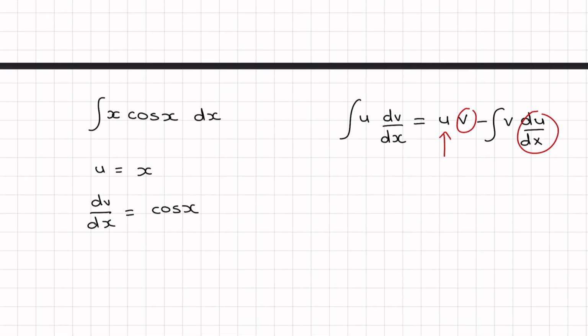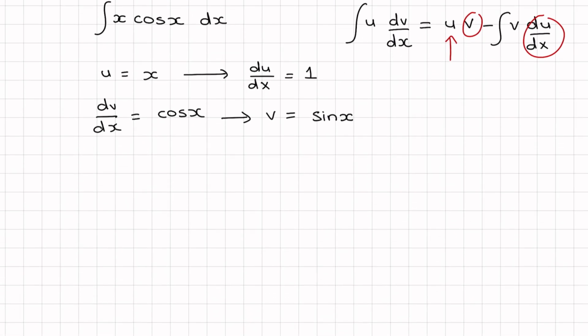So if u is x, then du by dx will just be x differentiated, which is 1. And if dv by dx is cos x, then v will just be the integral of cos x, which is sin x. Now we can use these values and substitute them into our integration by parts formula.